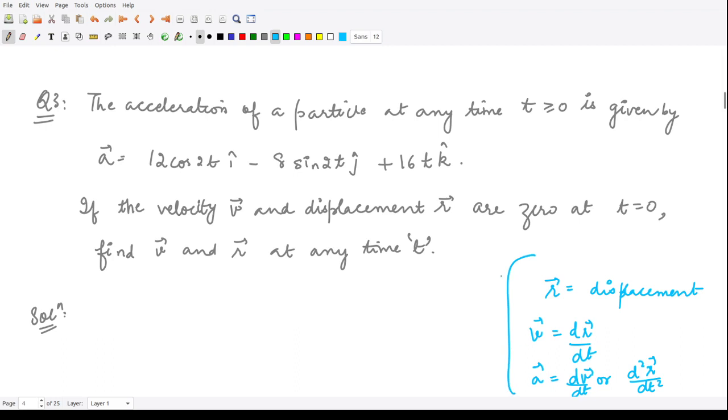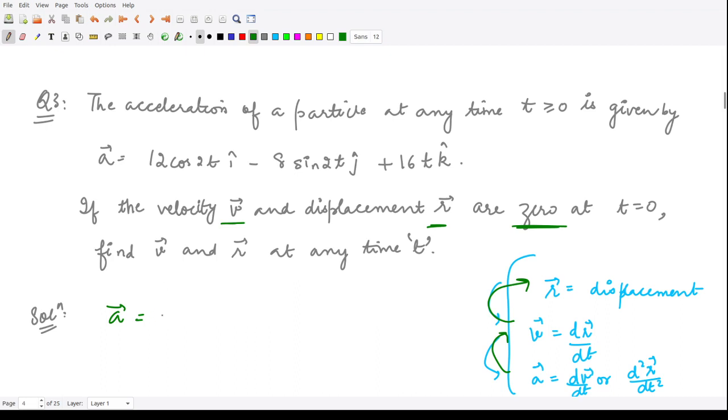Now in differentiation we move from here to here and here to here, but in this case we are to move from here to here by integrating, and from here to here again by integrating. And moreover, in order to calculate the constants, the values of velocity and displacement are given to be 0. So let's see how we can reach v and r.